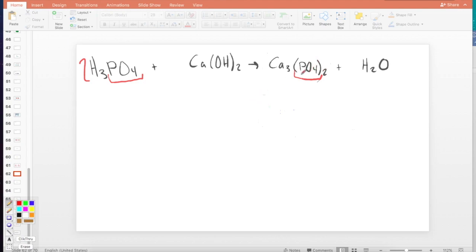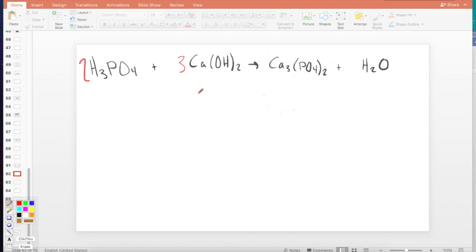There are 2 PO4s on the product side, therefore I need 2 PO4s on the reactant side. So this 2 takes care of the PO4, the whole unit. 2 PO4s, 2 PO4s. I have 1 calcium over here. I have 3 over here, so I know I need to put a 3 right there.